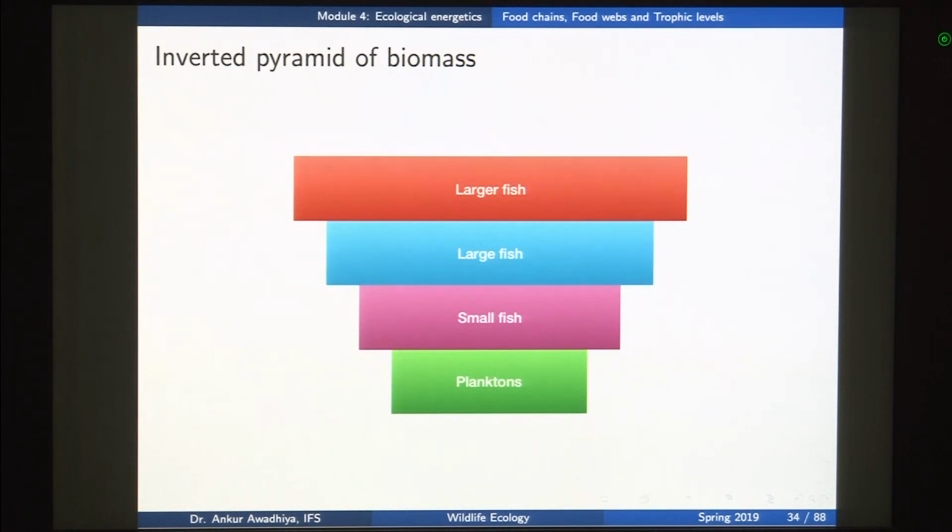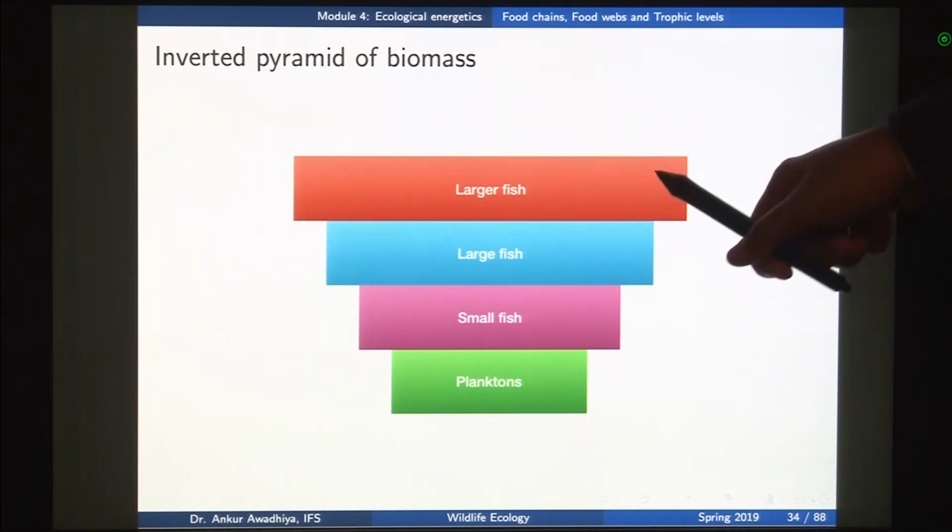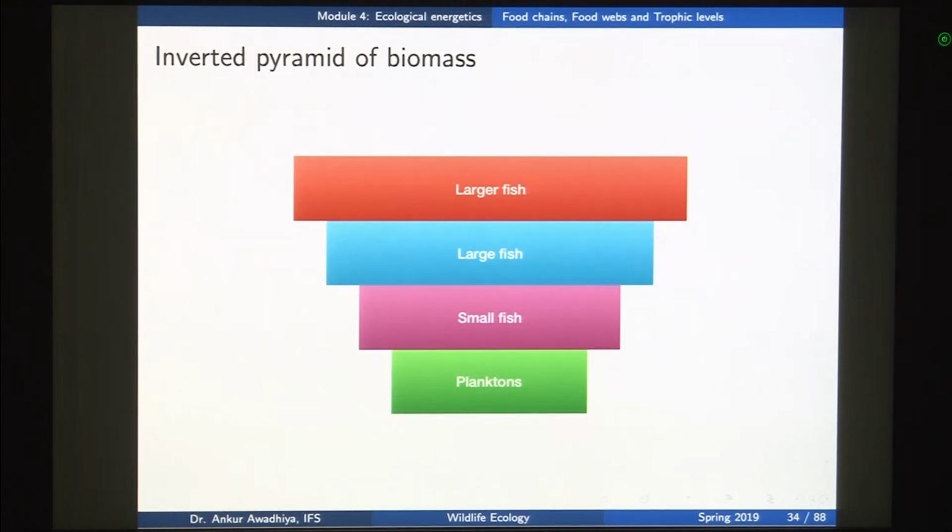So, the biomass supported by the planktons will be less than the biomass in the fishes, and then from a small fish to a larger fish to an even larger fish. For instance, a large shark will have a huge amount of biomass stored in its body, and that might be much greater than the total biomass present in its prey species. So, we can have a situation in which we have an inverted pyramid of biomass.